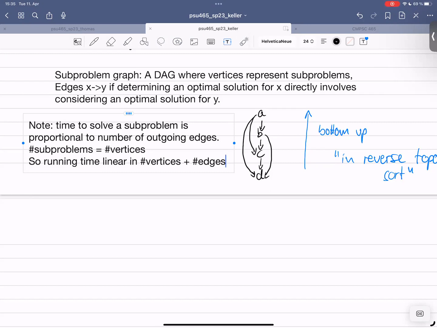So what's the worst case then in terms of the longest increasing subsequence? In terms of running time, I meant. How many edges can this subproblem graph have in the worst case scenario for longest increasing subsequence? It's sorted, right?